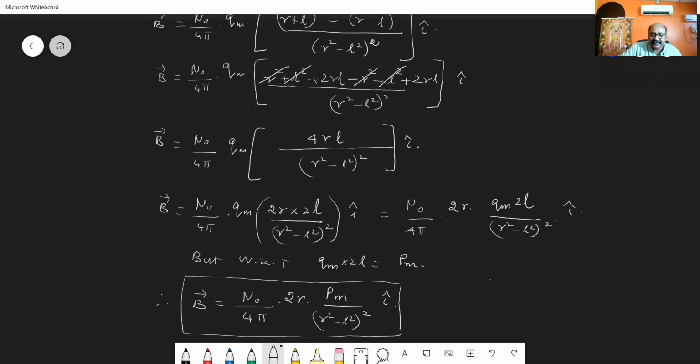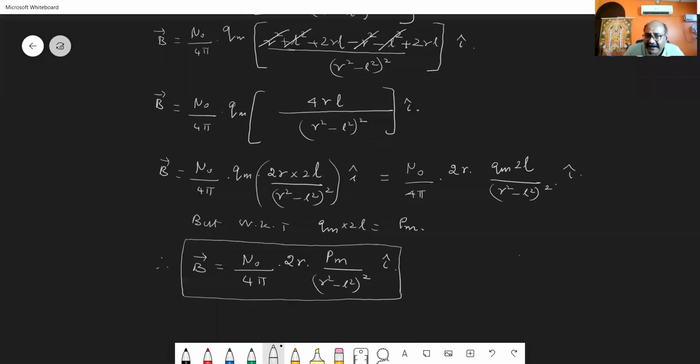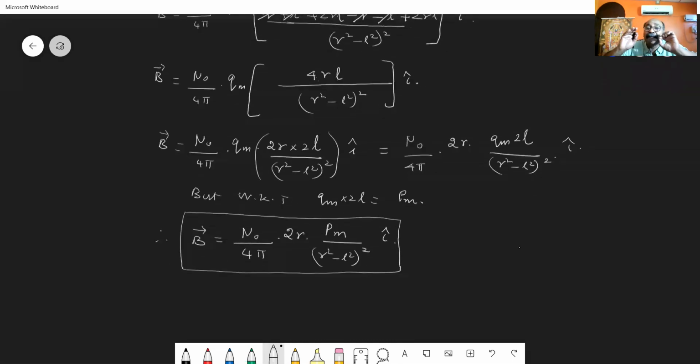This is one equation. I can simplify this equation also by considering a small approximation. What is that approximation? The value of R is considered to be greater than that of 2L. Because when you are considering a bar magnet, what is a bar magnet?